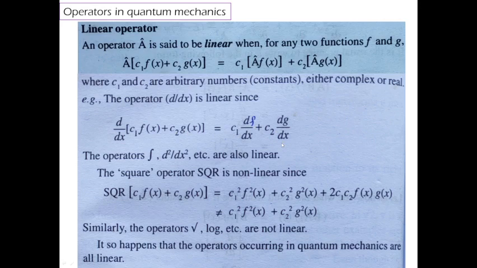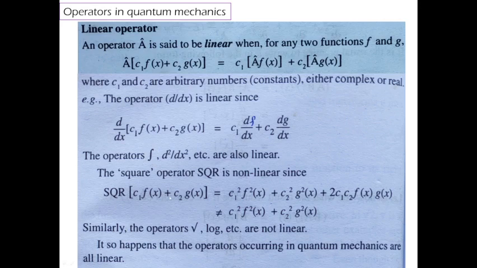So d by dx and the integral operator are also linear. We started the Schrodinger equation with a double differential, so d by dx is acting as a good operator, and the integral is also acting as a linear operator, so we can consider these in quantum mechanics.